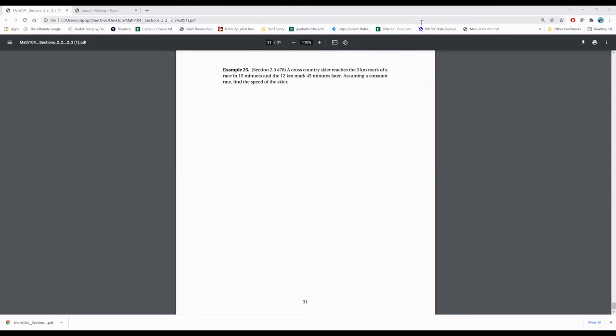I have one more example for you. This one says that a cross-country skier reaches the 3-kilometer mark of a race in 15 minutes and the 12-kilometer mark 45 minutes later. Assuming a constant rate, find the speed of the skier. So we notice immediately the word rate.